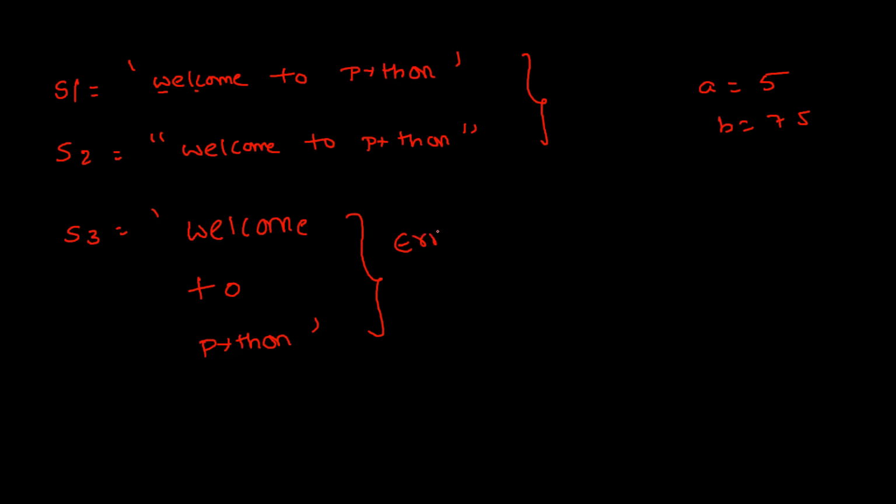If you are using either single or double quotation, the string is created in only a single line. So to create a string in multiple lines, we move into triple quotation. Suppose S3 is equal to 1, 2, 3.